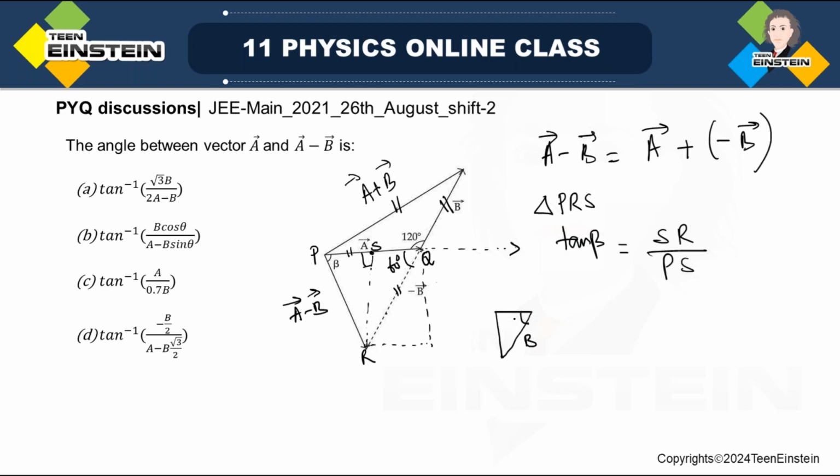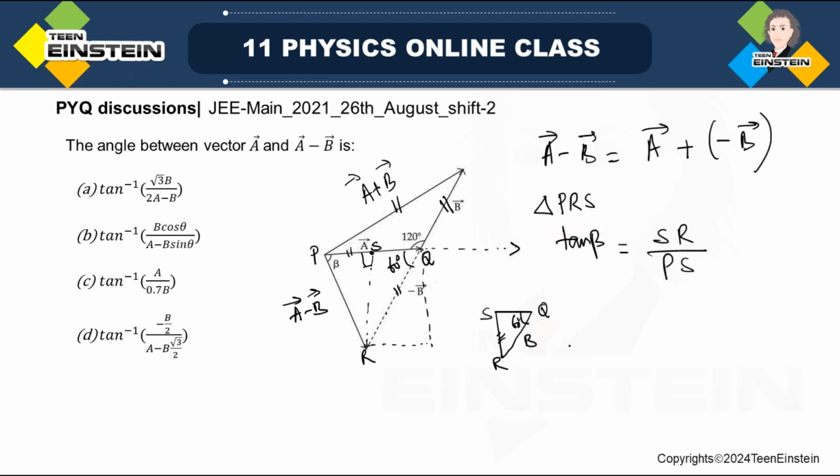This is B. This is also a right angle triangle, right? This is S, this is R, this is Q. So from here I can write RS.